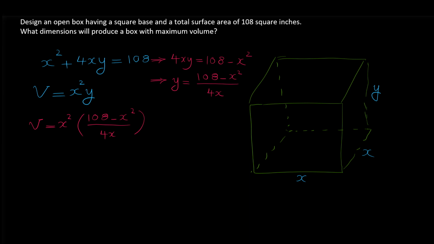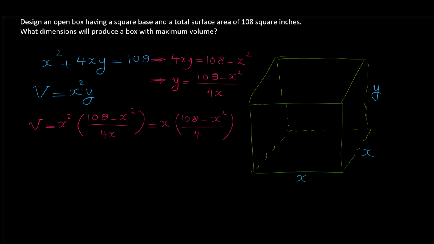Note that we can cancel one x from the denominator with one x from the numerator, and then the volume would be x times (108 minus x squared) over 4.